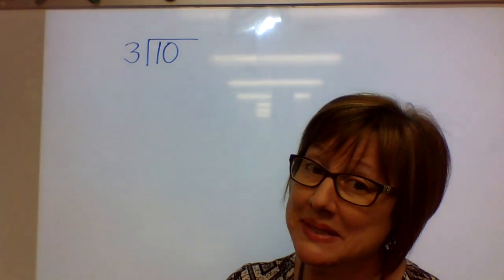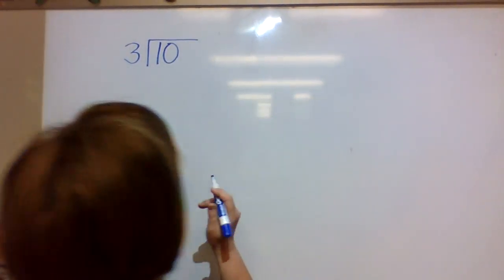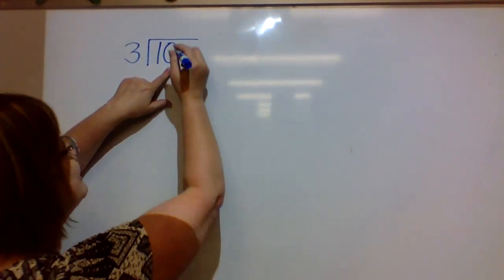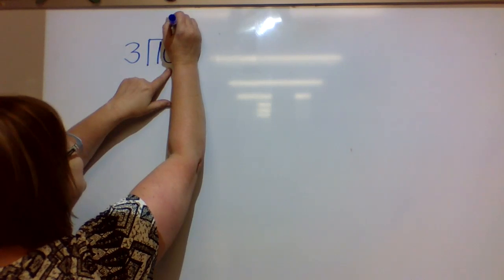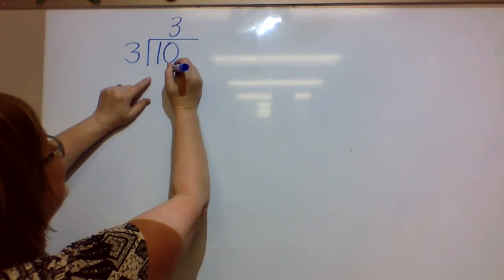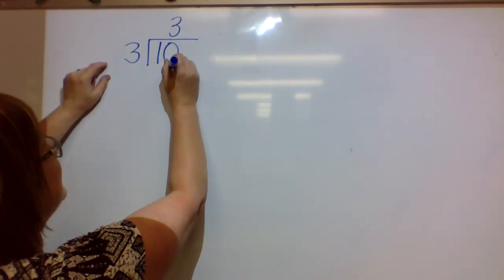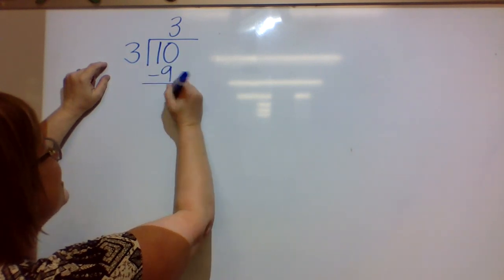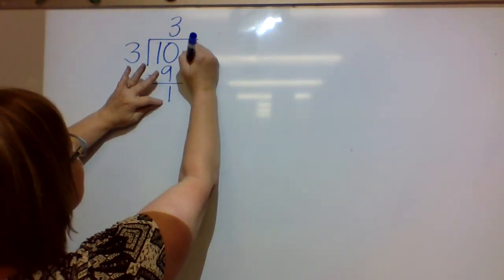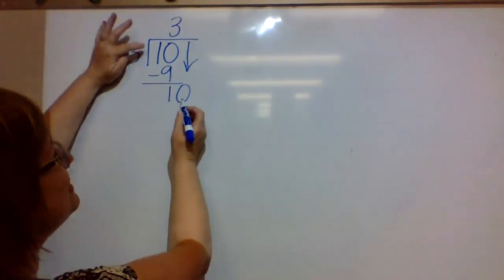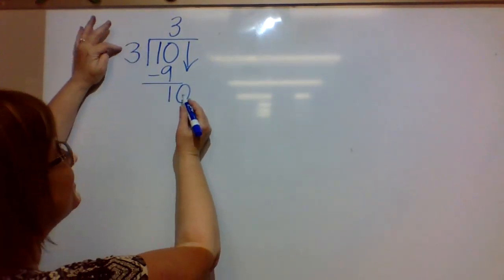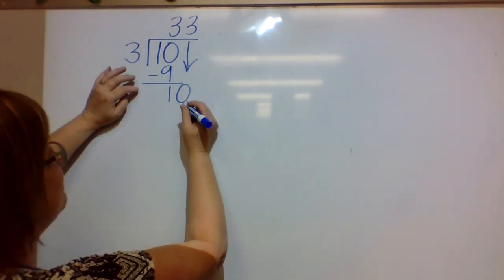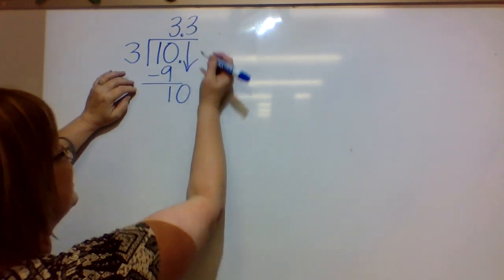Well, sometimes, watch. Okay, 3 goes into 10 three times. So 3 times 3 is 9. 10 minus 9 is 1. You end up with 10 again. So 3 goes into 10 three times. By the way, we put our decimal there.